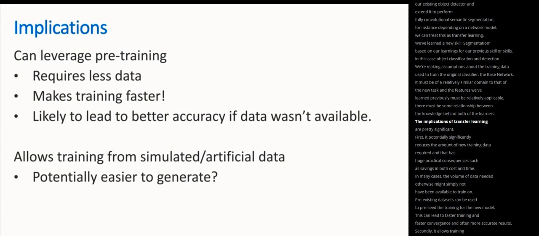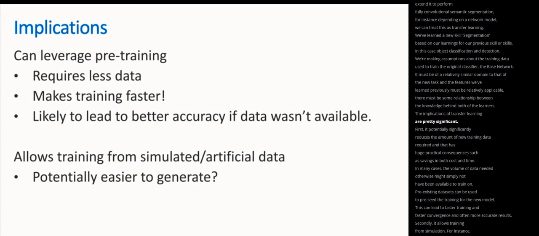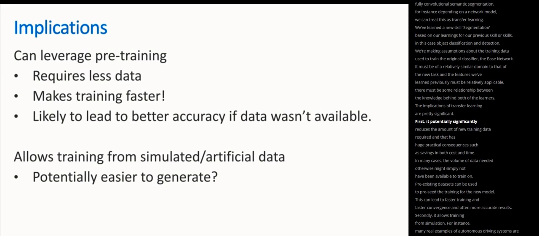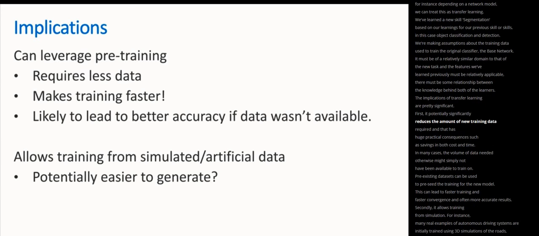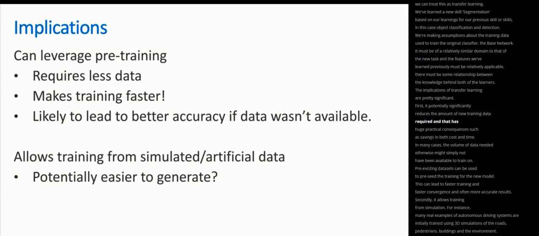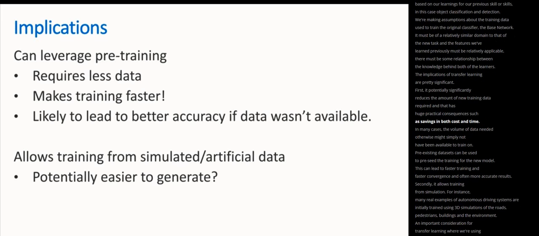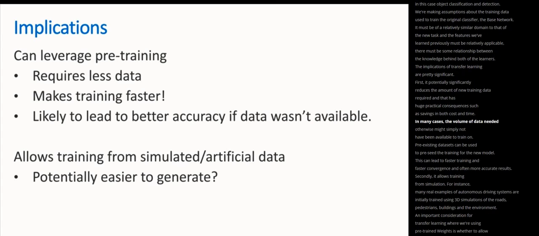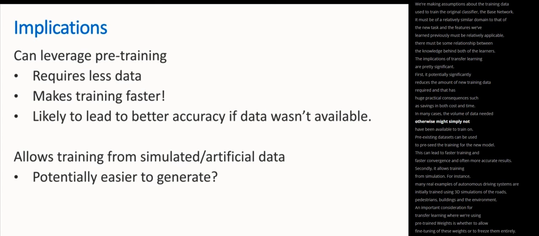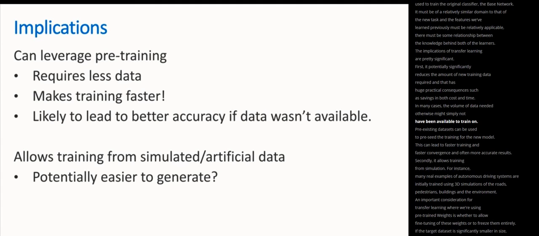The implications of transfer learning are pretty significant. First, it potentially significantly reduces the amount of new training data required, and that has huge practical consequences, such as savings in both cost and time. In many cases, the volume of data needed otherwise might simply not have been available to train on.